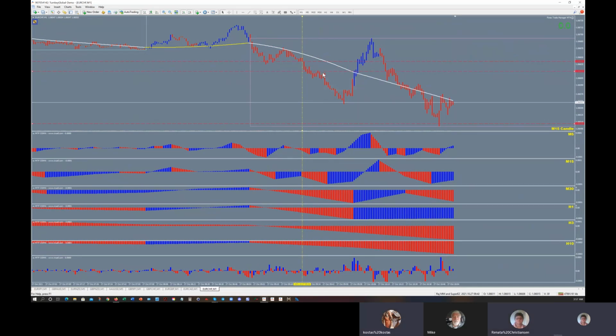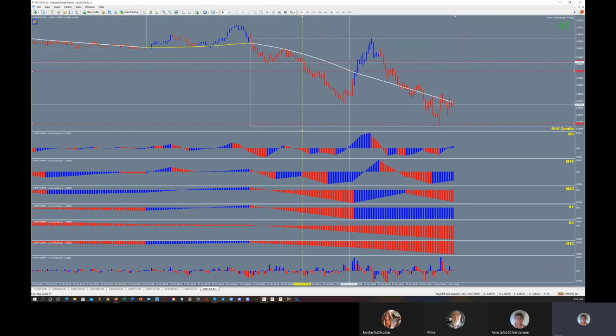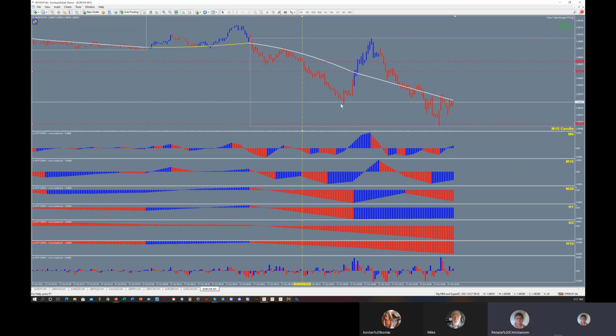I mean, you guaranteed yourself a non-losing trade. This is a 2-pip trade at this point, because of this stop loss here. And then it went straight down, right? Right. And then it spiked against you.